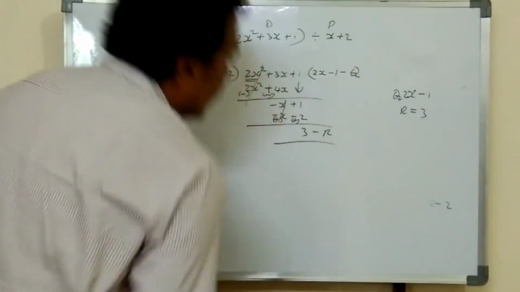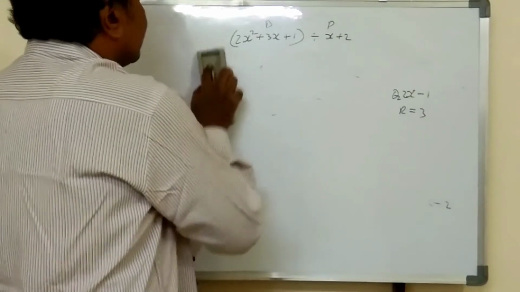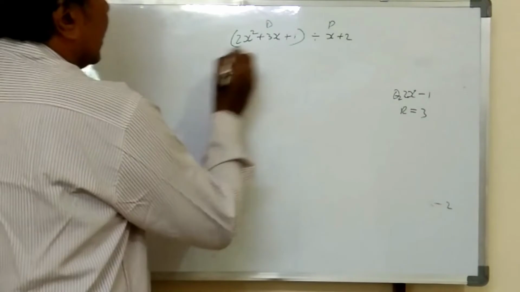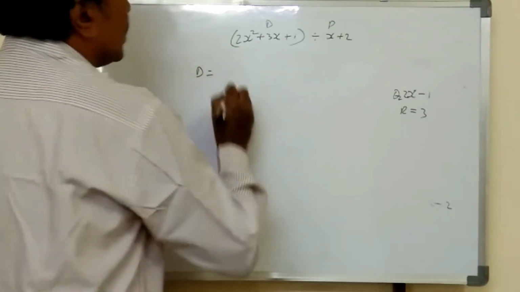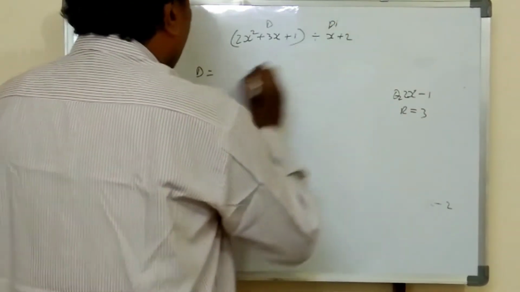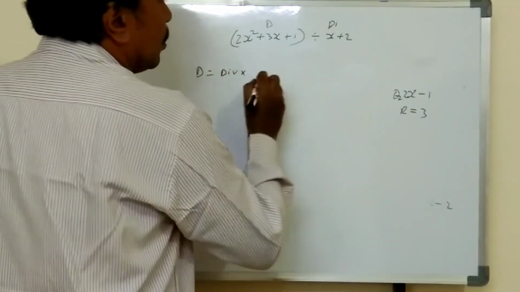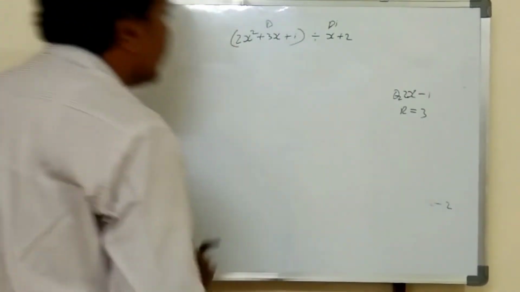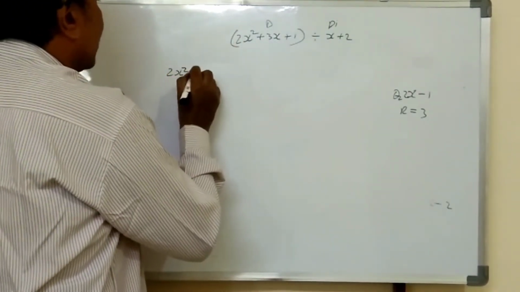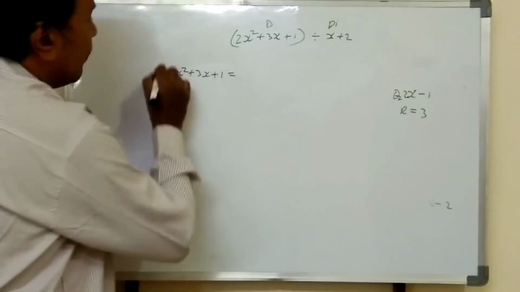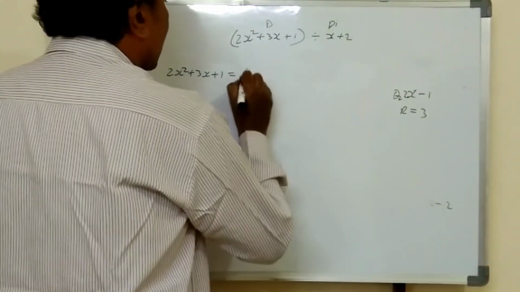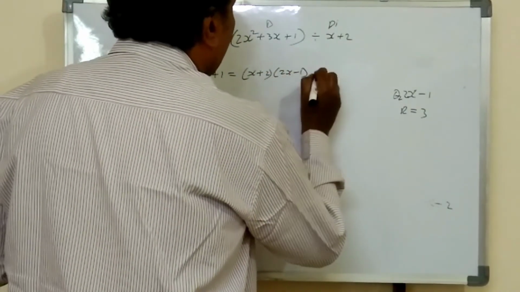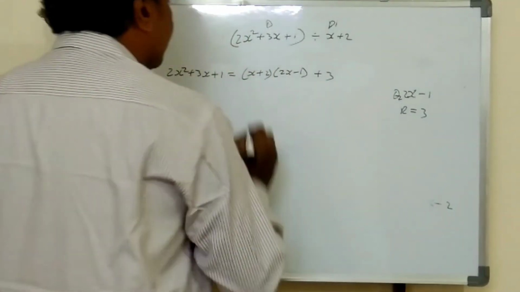Now let us verify. First of all, dividend is equal to divisor into quotient plus remainder. So 2x square plus 3x plus 1 is equal to the divisor x plus 2 into the quotient 2x minus 1, plus the remainder 3.